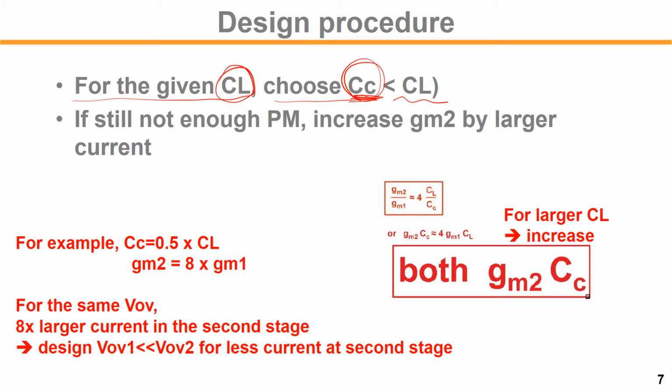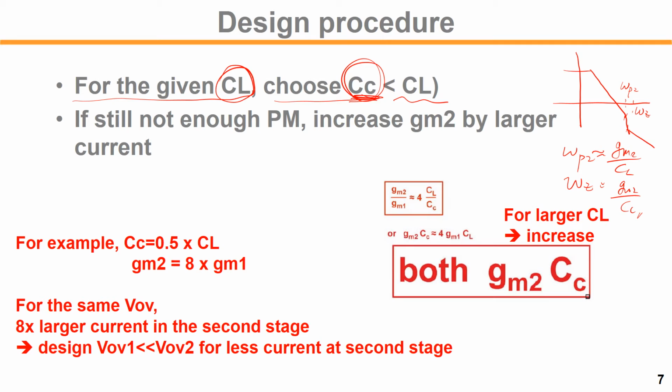Another reason CC should not be larger than CL is the pole and zero locations. The non-dominant pole omega P2 is approximately GM2 over CL, and the zero omega z is GM2 over CC.